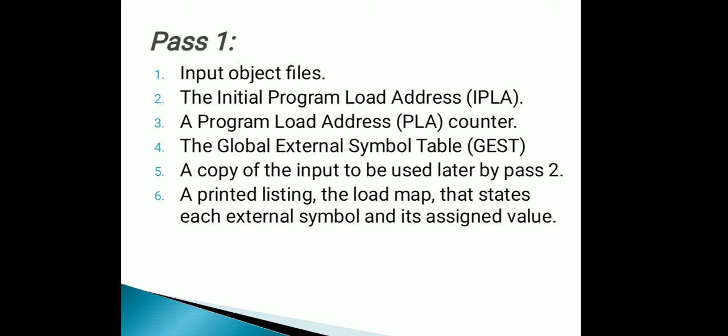Second, a parameter, the initial program load address, that is nothing but the IPLA, provided by the programmer or operating system, that specifies the address to load the first segment of the program. Third one is a program load address counter, PLA, utilized to keep track of each segment's assigned location.